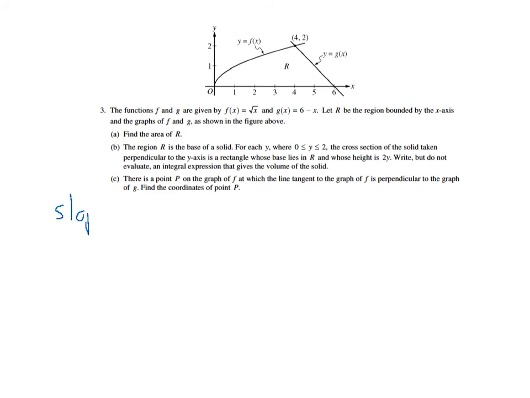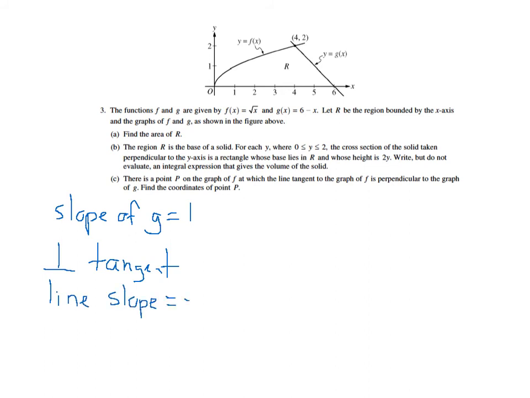Slope of g equals 1. And so we want our perpendicular tangent line slope to be equal to -1.